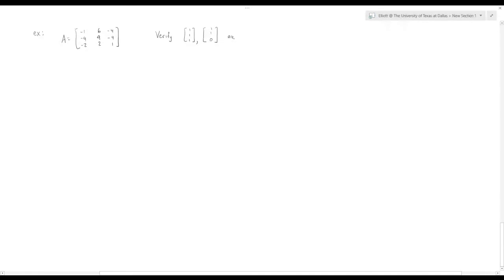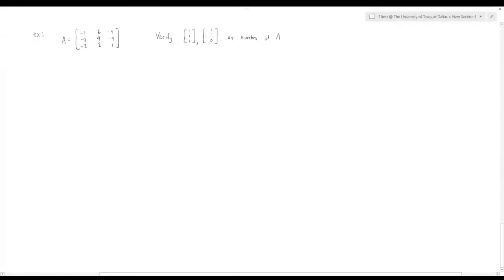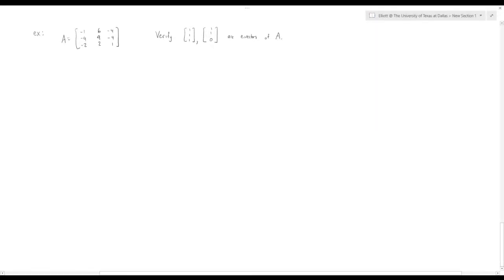So for this example, I'm going to say verify that these two are eigenvectors of A. What I wanted to call attention to is that the simplest way to do this, I would say, is to just resort back to the original definition of eigenvalues and eigenvectors.